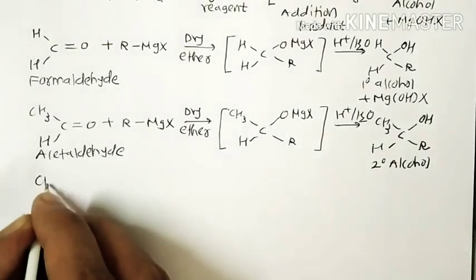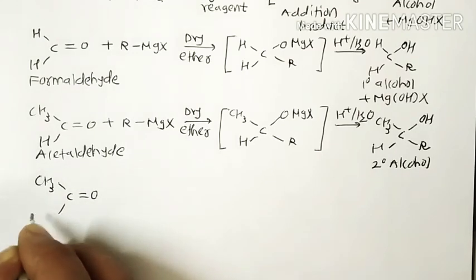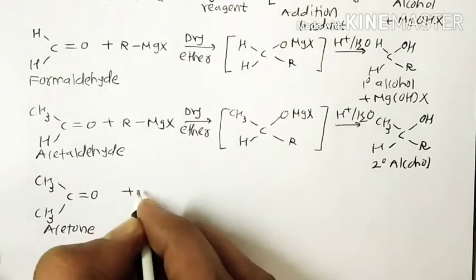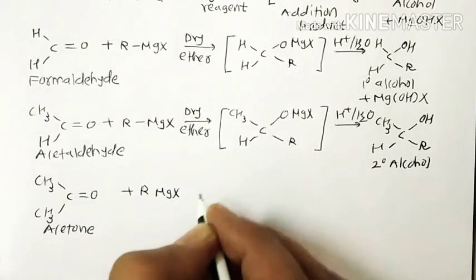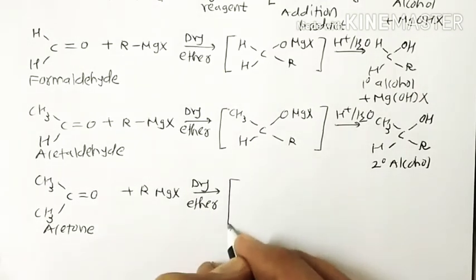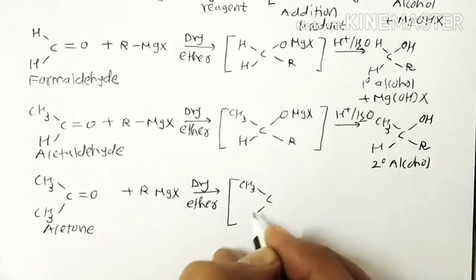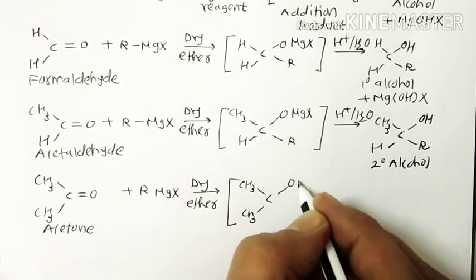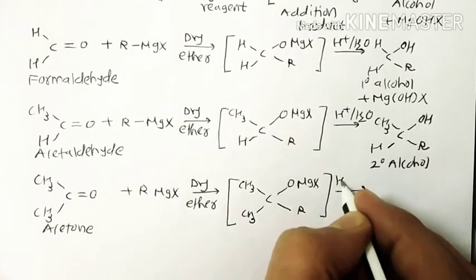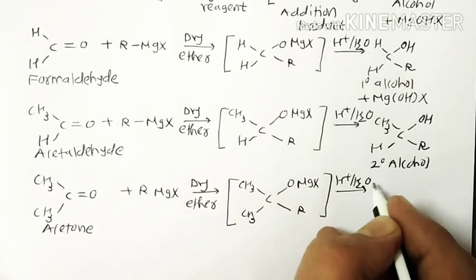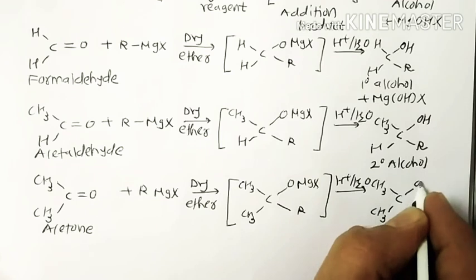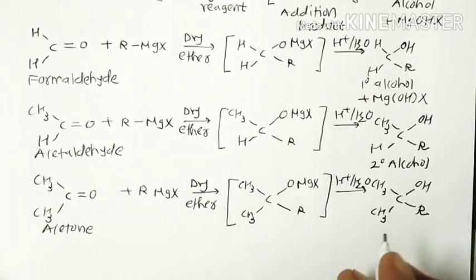In the same way, if we perform these reactions with a ketone like acetone, it reacts with RMgX in dry ether and is converted into CH3, C, CH3, with OMgX and R, which is further hydrolyzed with the help of acid and converted into CH3, C, CH3, with OH and R. This is a tertiary alcohol.